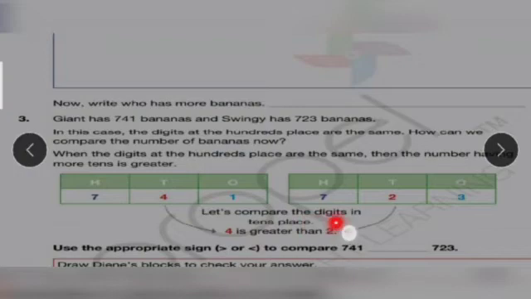That's why we have to compare the tens place digit. Here 4 is on the tens place. Here 2 is on the tens place. Obviously 4 is greater than 2. So let's compare the digit in the tens place. Here 4 is on the tens place, here 2 is on the tens place. That's why 741 is greater than 723.